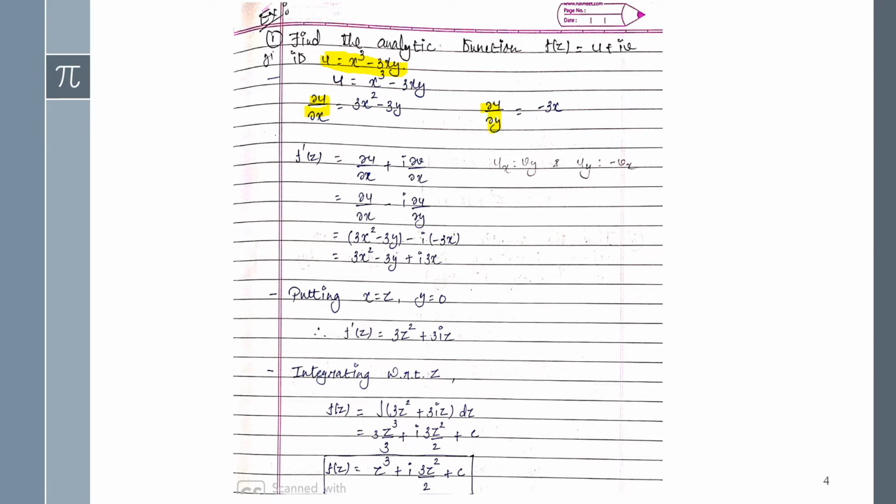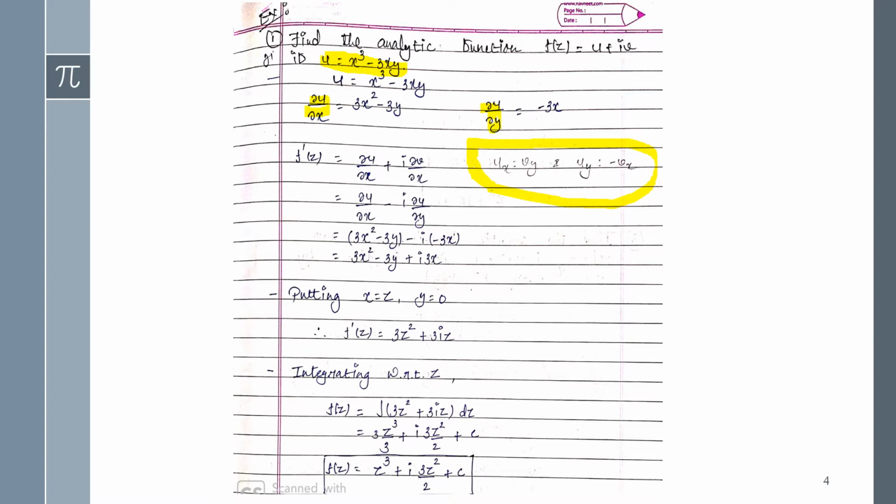Then you have to apply the second step, and in the second step you have to find f dash of z, right? The formula I have written here directly, guys: del u by del x plus i del v by del x. And as you know, here you have to use CR equations. I have written it here in a little bit light tone, but I hope you all can see.